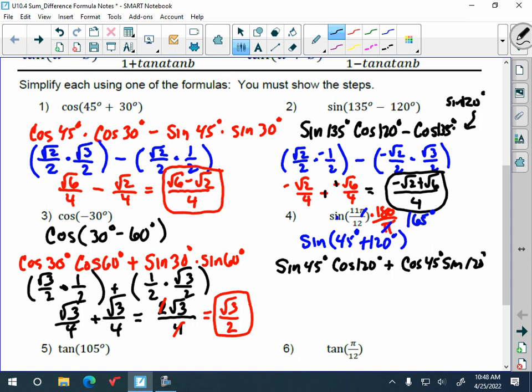All right, so simplifying this down, sine 45, root 2 over 2. Cosine 120, negative a half. Cosine 45, root 2 over 2. Sine 120, root 3 over 2.